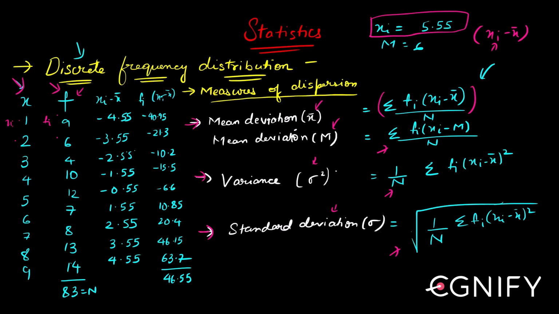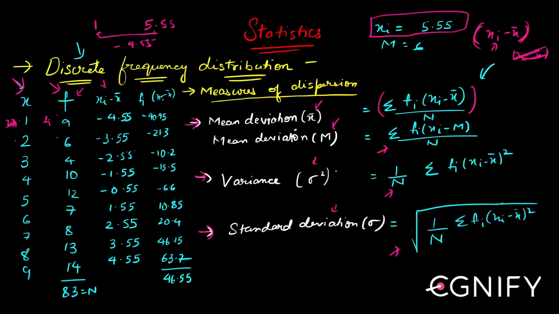Xi minus x bar will tell you how far each data point is from its mean. For example, your mean is 5.55 somewhere here, and this data point 1 is here. So 1 minus 5.55 is minus 4.55. When it came to ungrouped data, there we took the mod of xi minus x bar, but here we don't take a mod. Here we take it as it is.